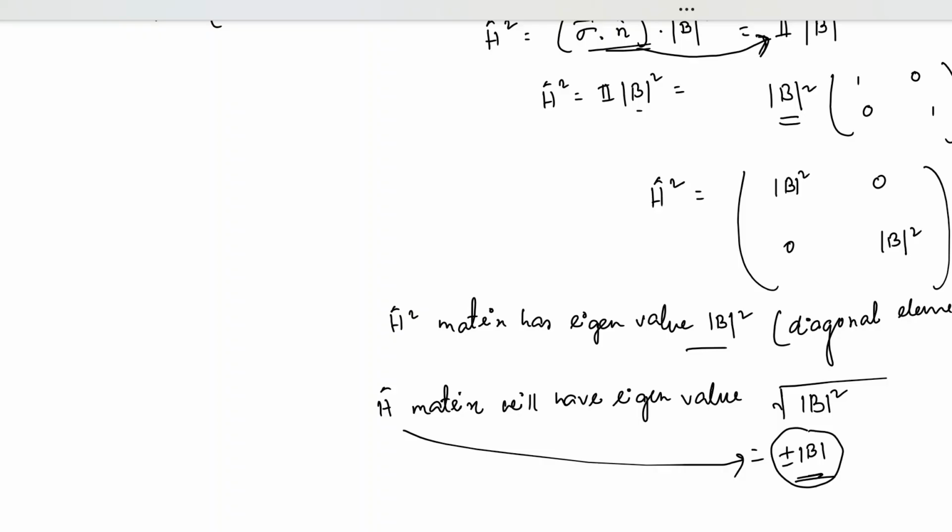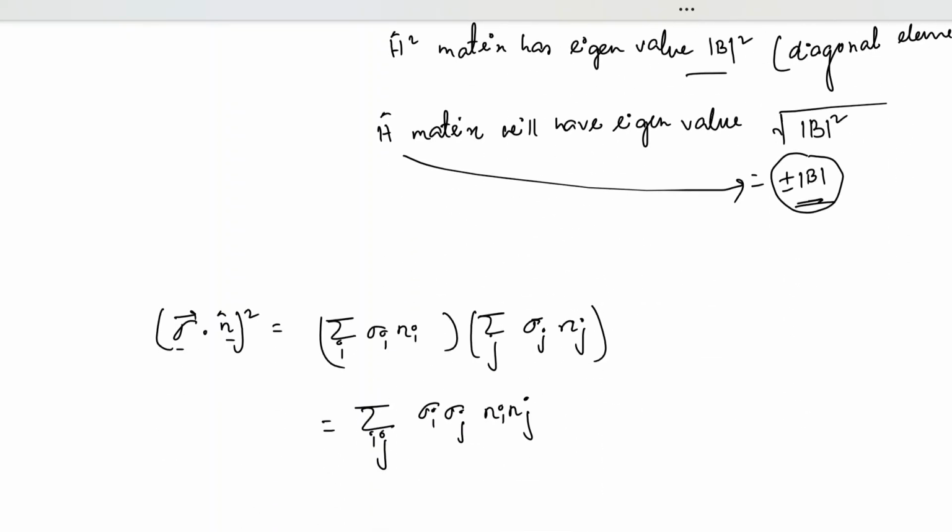So this you can write as the sum over i of sigma_i n_i and the sum over j of sigma_j n_j. Because they are squared, you can write them like this with two different indices i and j. So you bunch them together: the summation over i, j of sigma_i sigma_j n_i n_j, where n_i and n_j are the components of the unit vector n cap.